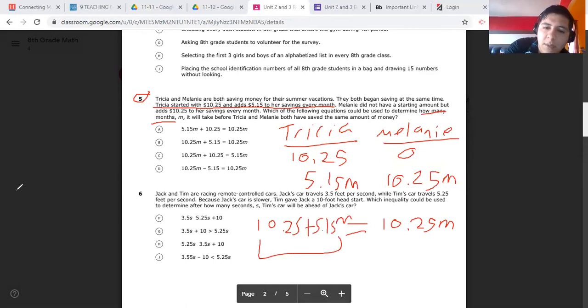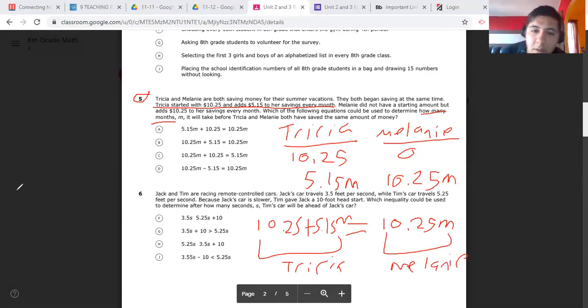So on one side over here, this is what Tricia does. On this side, this is what Melanie does. So what should be the answer there? It's going to be A.